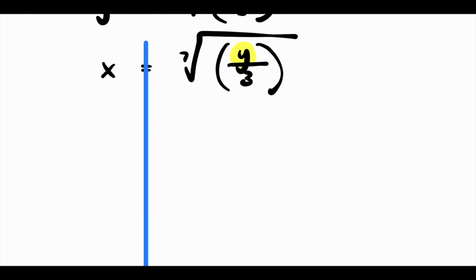So I have two things. I have a root 7 and a divided by 3. I can't do anything with the inside until I get rid of this root. So what's the opposite of 7th root?